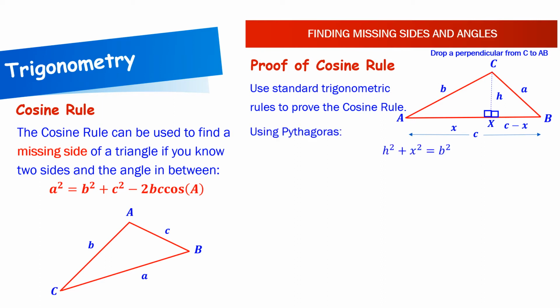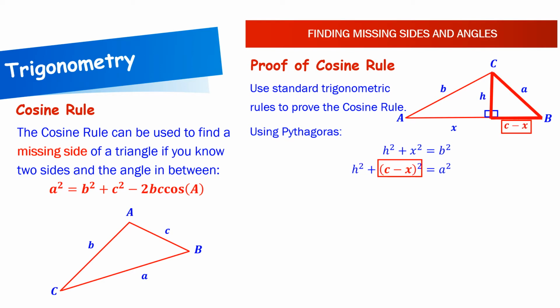First, begin with Pythagoras. In this triangle, we have that h squared plus x squared equals b squared, as shown. And in this triangle highlighted, we have h squared plus (c minus x) all squared equals a squared.